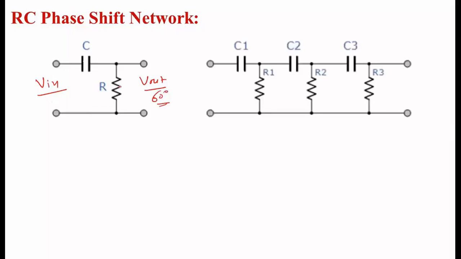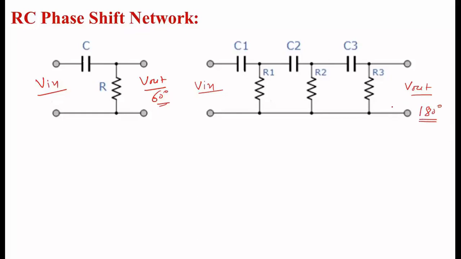If we use three cascaded combinations of this kind, applying input at these terminals and taking output at these terminals, we have a total of 180 degrees of phase shift in the output.